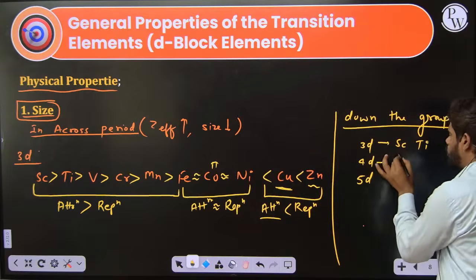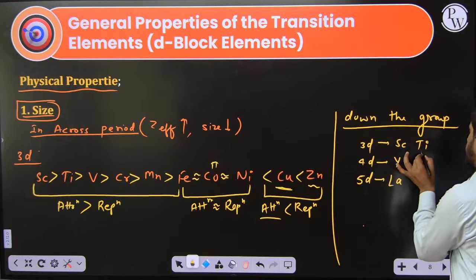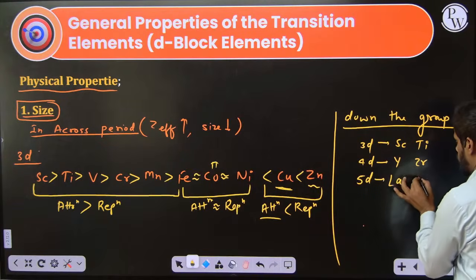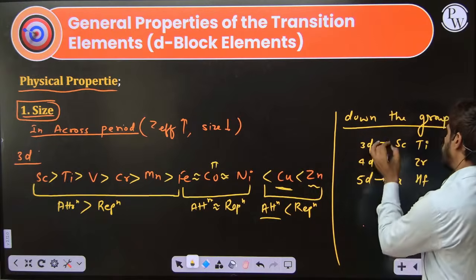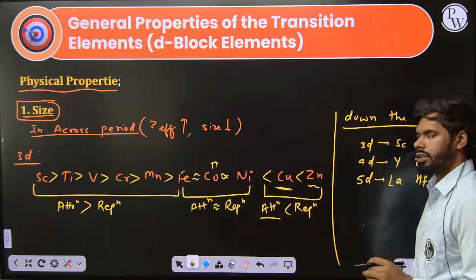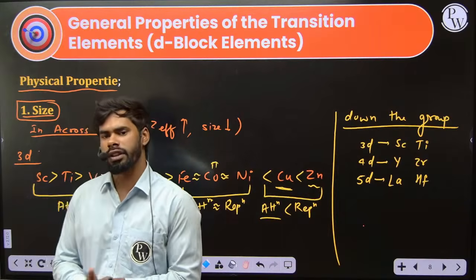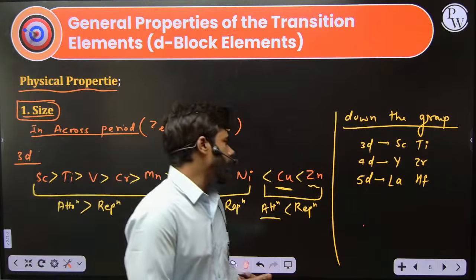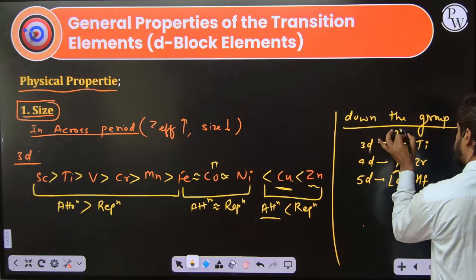Down the group we have scandium, yttrium, lanthanum. Here it is zirconium and hafnium. In case of down the group, atomic size should increase. As we move down the group, the number of shells increases, so size should increase. So it is normal for the third group.